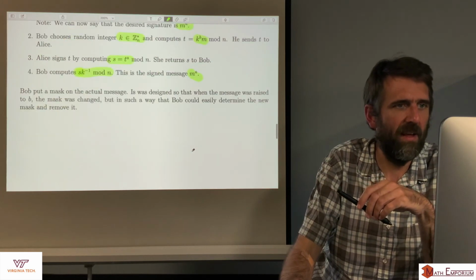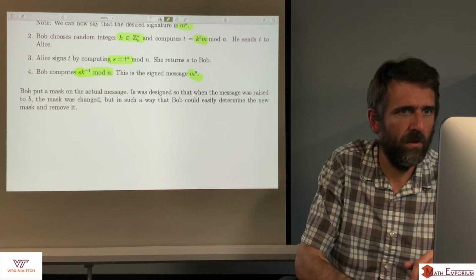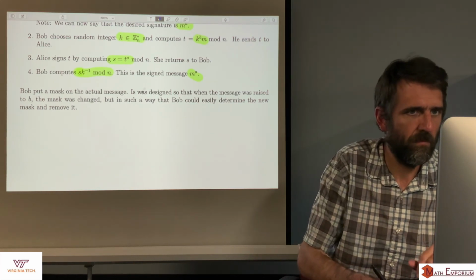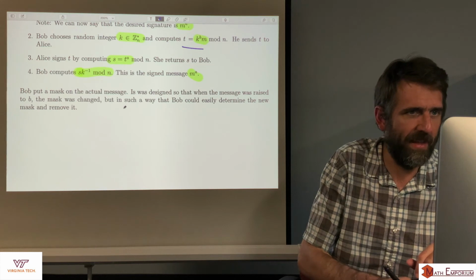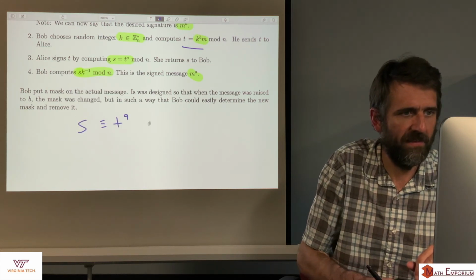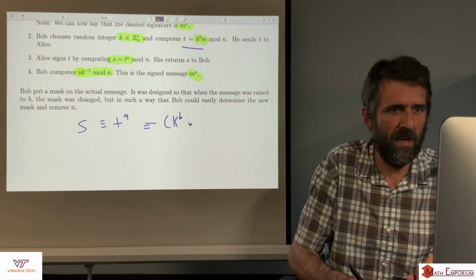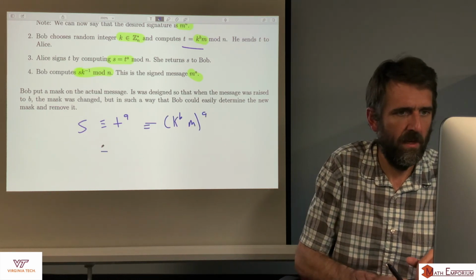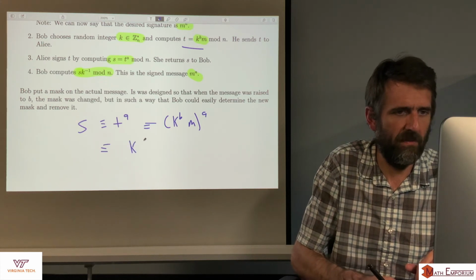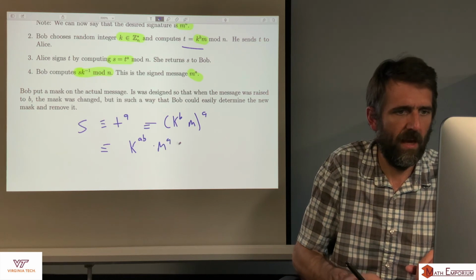All right, so let's verify that this is actually correct here. So this is the t. What's s? s is t to the a, but here's t. It's k to the b times m, to the a. And just by rules of exponents, that's k to the ab, m to the a.